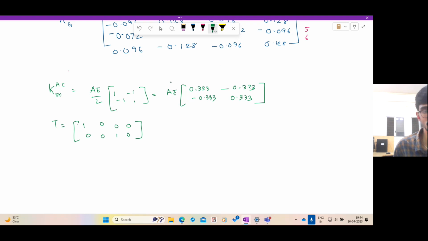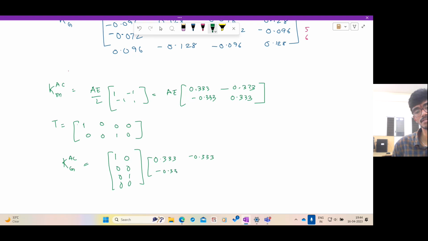So if you apply this onto the member stiffness matrix, you will get exactly the same. You know very well that this picks the first column and this picks the third column. So let us do it. KGAC will be 1 0 0 0 0 0 1 0, times 0.333, minus 0.333, minus 0.333, 0.333, times 1 0 0 0 0 0 1 0.